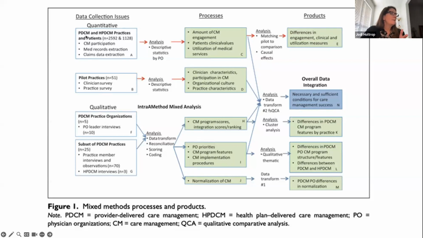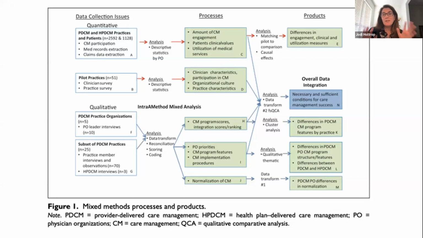PDCM meant practice delivered care management, so the care manager was in the practice or associated with that practice organization. HPDCM meant health plan delivered. We were really trying to understand the difference between the medical practice and their organization delivering care management versus a health plan nurse delivering care management, right?